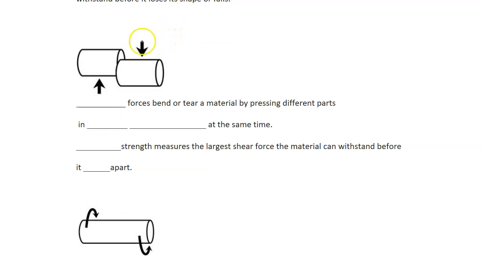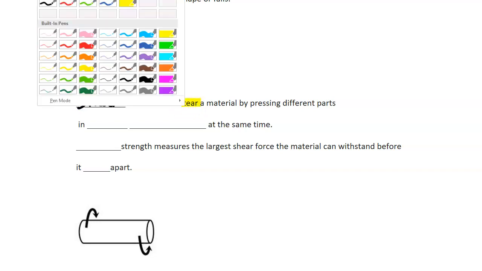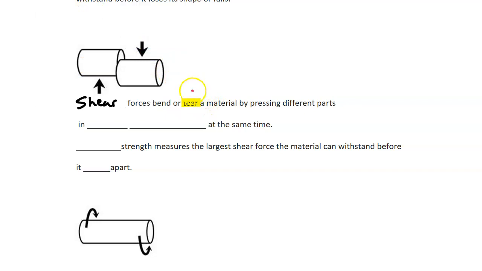Thirdly, we've got the shear force. And this is a bending or tearing. And again, as before, the tearing is the external force acting upon the object. Shear is the internal force. It's what we're seeing within the particles themselves inside the material.